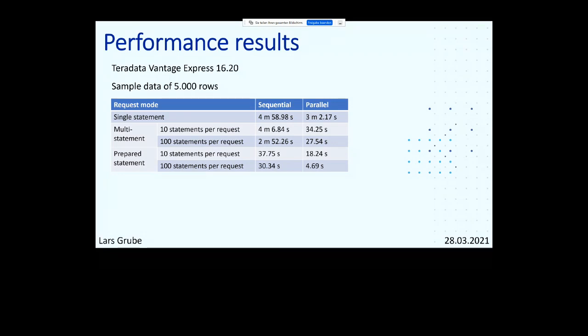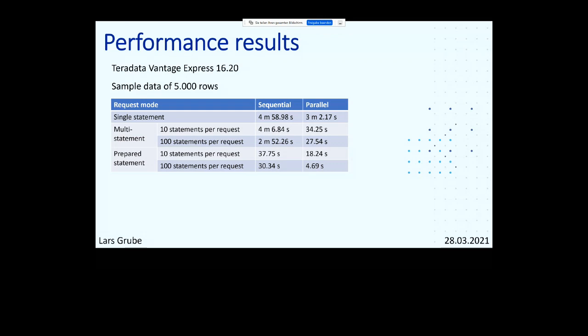Now, when we take a look first at the single statement request mode, I've also included a sequential approach, using a for each scope in order to emphasize the difference a parallel for each scope makes.